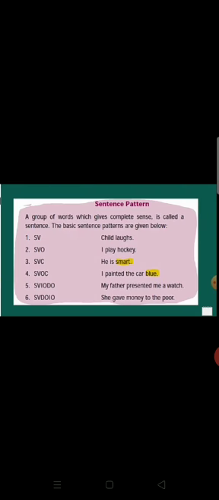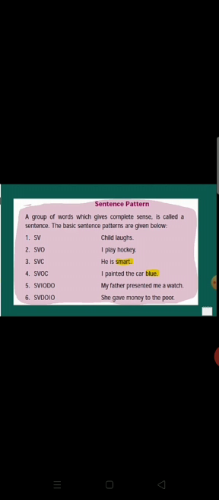So, sentence pattern. A group of words which gives complete sense is called a sentence. The basic sentence patterns are given below. Sentence pattern is important for all classes, for SSLC, higher secondary, degree, and very easy to answer also.